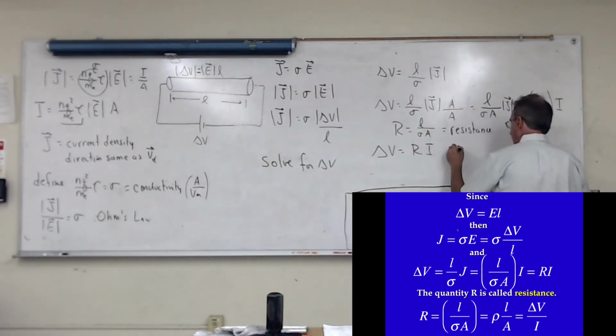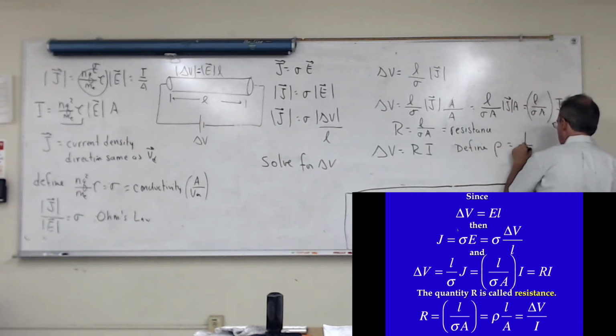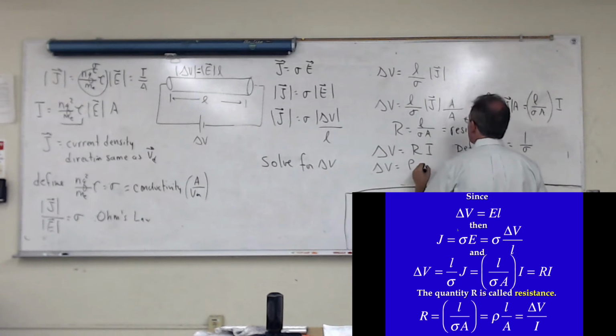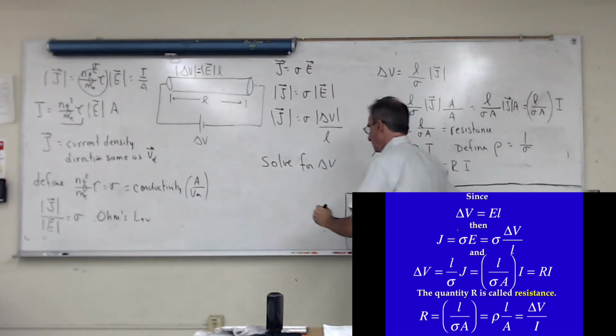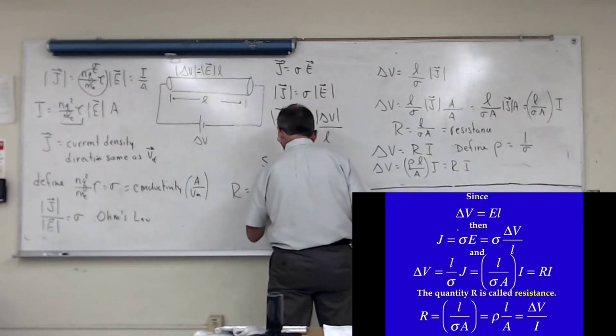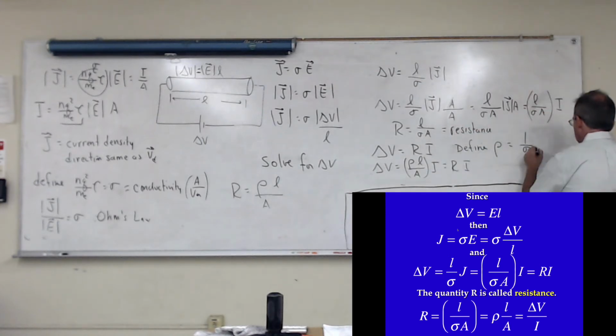So define rho as equal to 1 over sigma. So then delta V is rho L over A times I. So resistance then is rho times L over A. So 1 over the conductivity is called a resistivity.